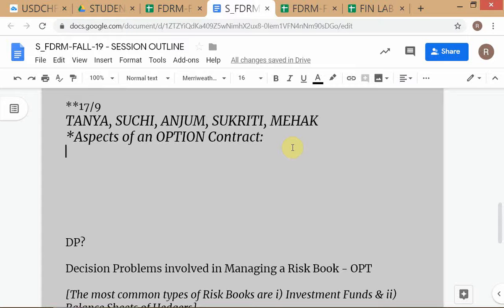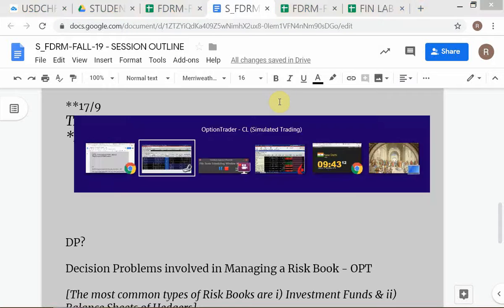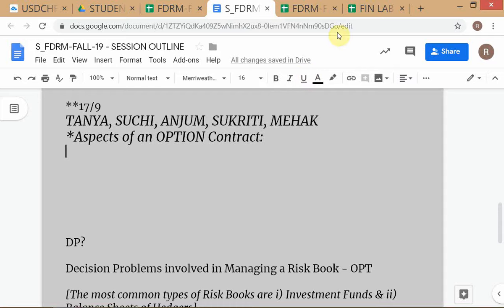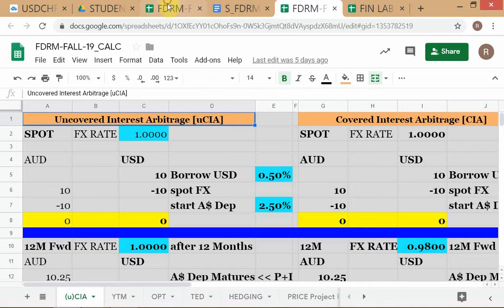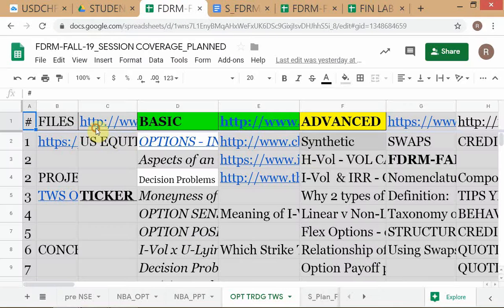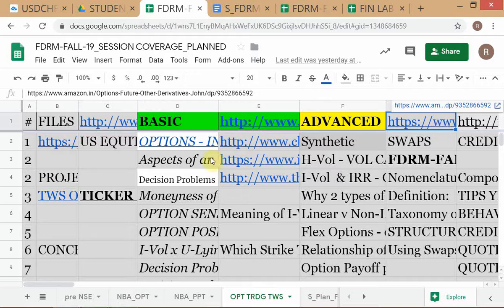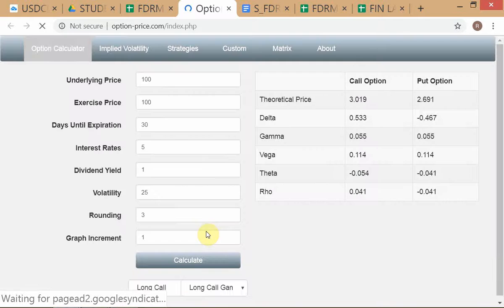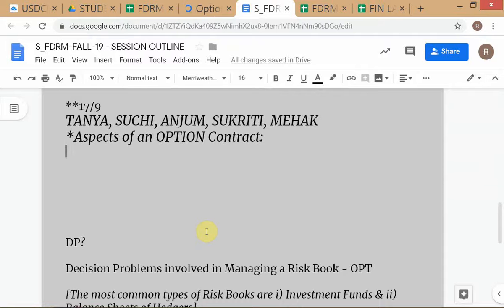What I mean by aspects of an option contract is this: if you walk into a consumer electronics store and you tell the salesman, I want to buy a TV, is that enough information for him?